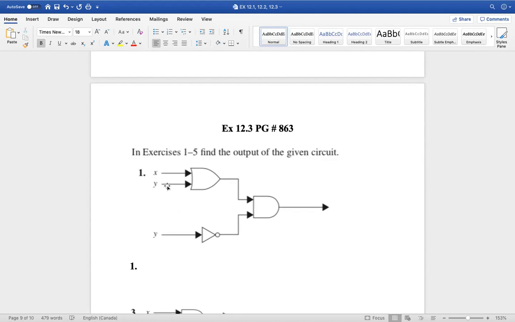We have X and then Y, which are ORed together, so X plus Y. Then this is the AND operator, so we put the dot. This is ANDed with this Y complement, the complement of Y. The result will be the result of this expression.